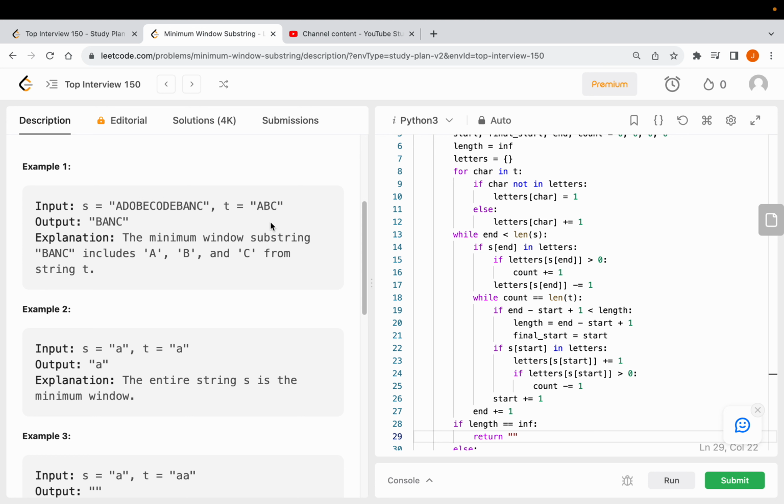For each letter in S, since we are using a sliding window, each letter could be included in this window once, and then the window could move to the right, and each letter could at most be included once and removed from the left once. So that should be a linear time complexity with this whole traversal.